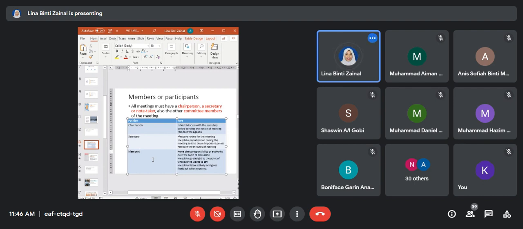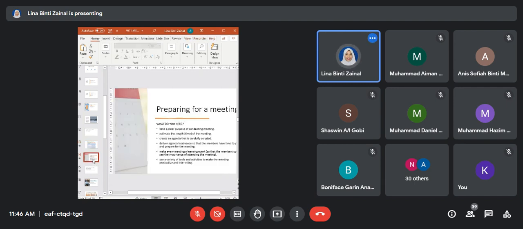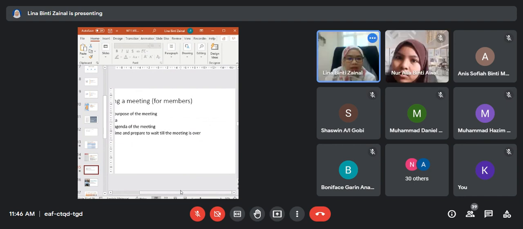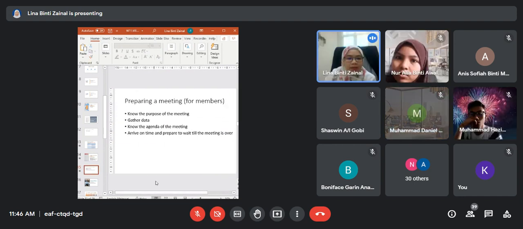And there are expressions that you have to use to show your agreement and disagreement during a meeting. Okay. When you want to prepare for a meeting, you need to have a clear purpose. Okay, these are the things that we have discussed earlier. Okay.